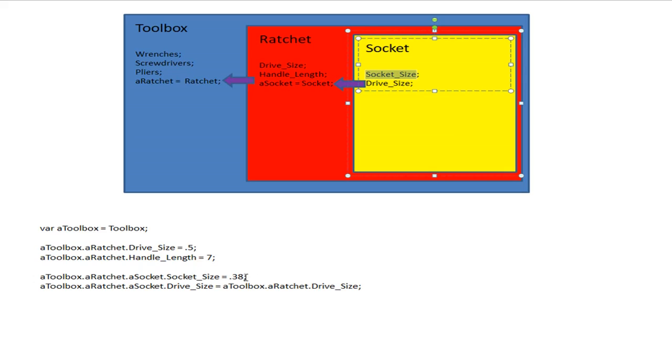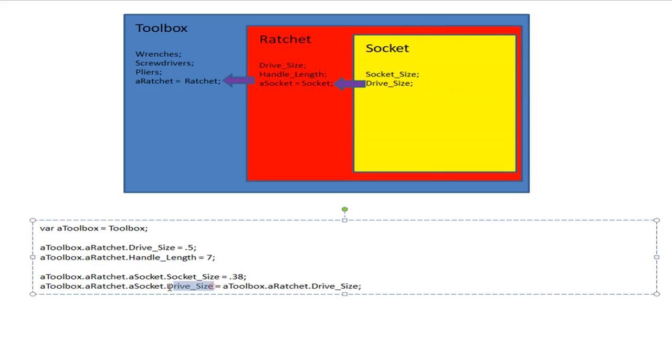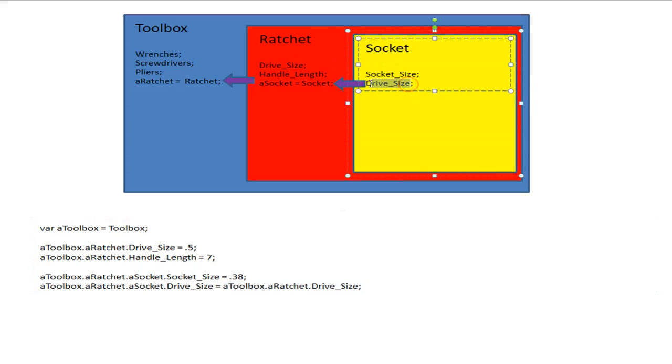So we're setting it to 3/8. And then we are setting the drive size of the socket to what we set the ratchet drive size to. So what we're saying is this is the same size as this.